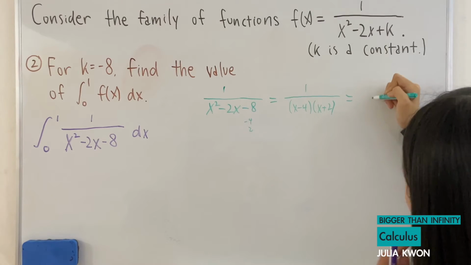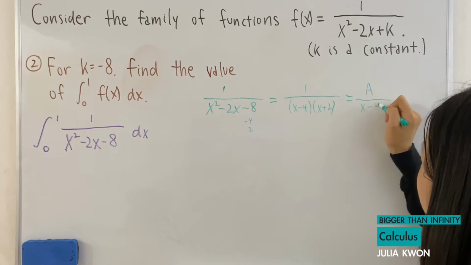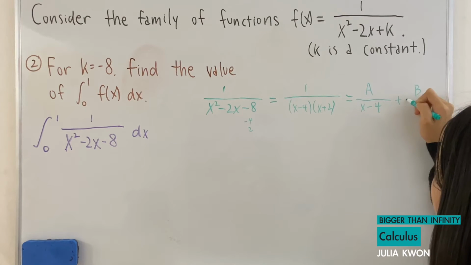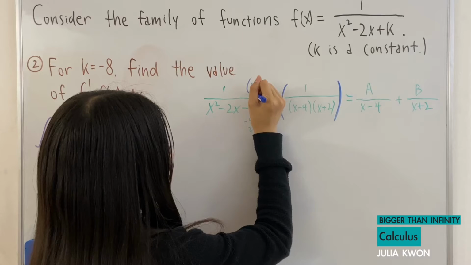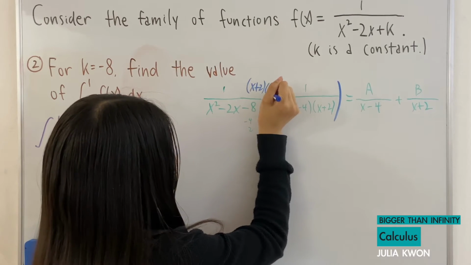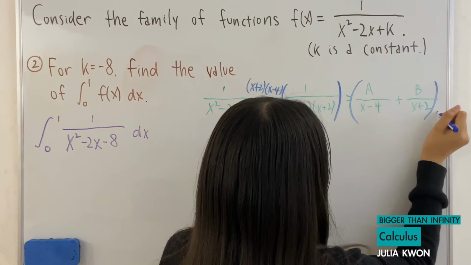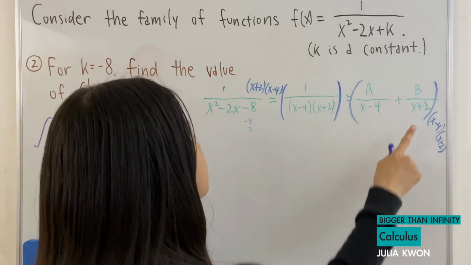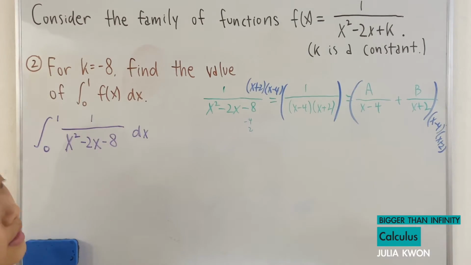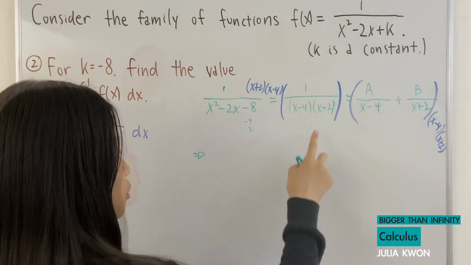And we're going to separate this so that we would have a divided by x minus 4 plus b divided by x plus 2. We're going to multiply this by x plus 2 and x minus 4 for this side, and also do the same for the other side. I have to write that sideways, so if you can't read it, it says x minus 4 times x plus 2.